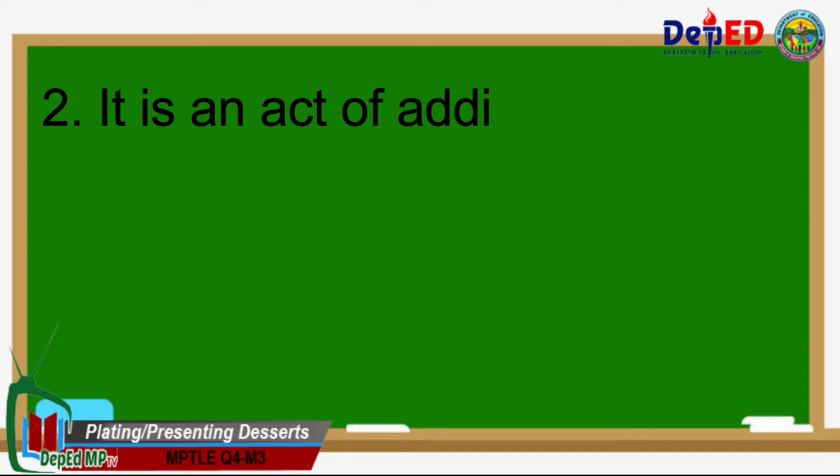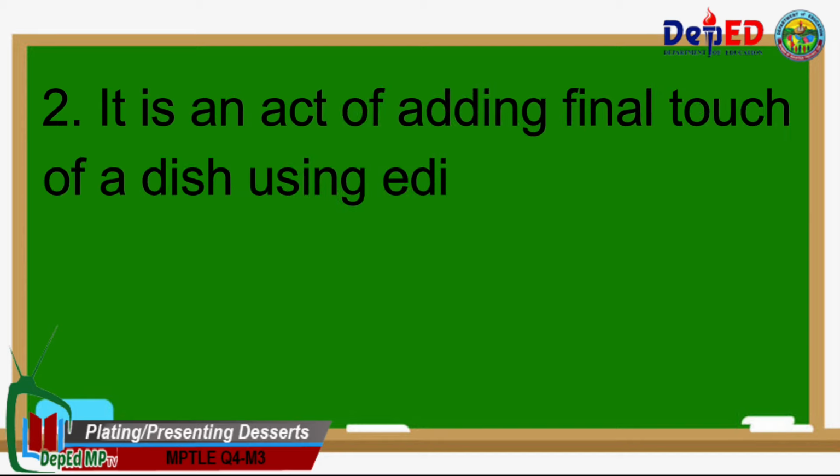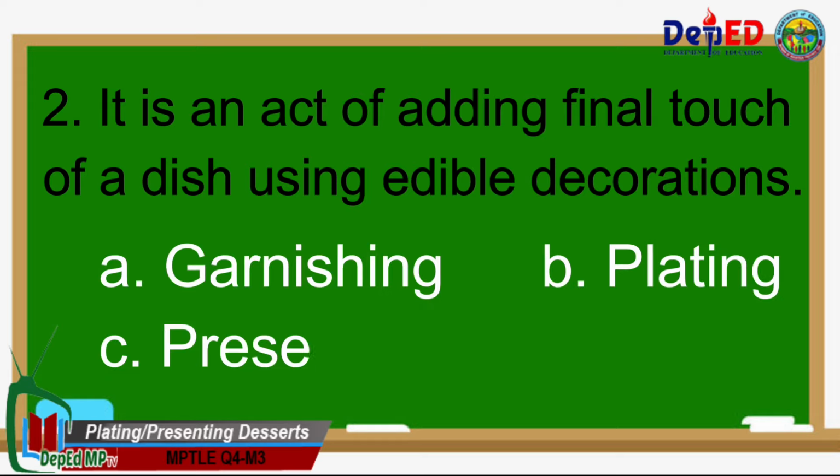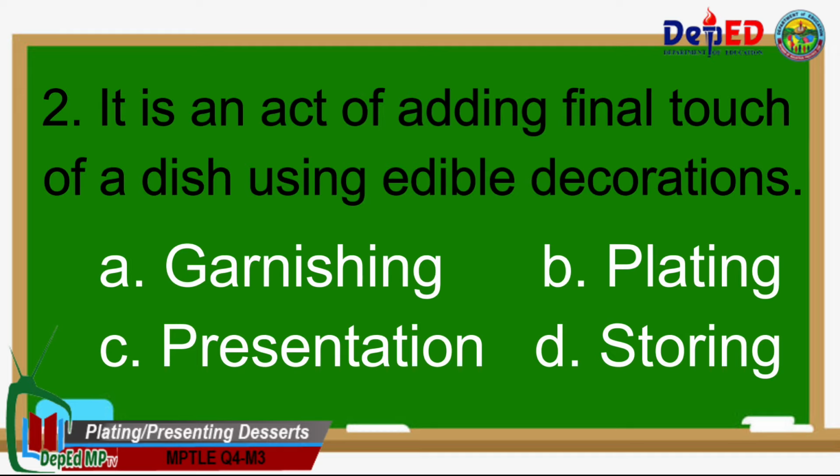Number 2. It is an act of adding final touch of a dish using edible decorations. Letter A. Garnishing. Letter B. Plating. Letter C. Presentation. Letter D. Storing. The correct answer is letter A.